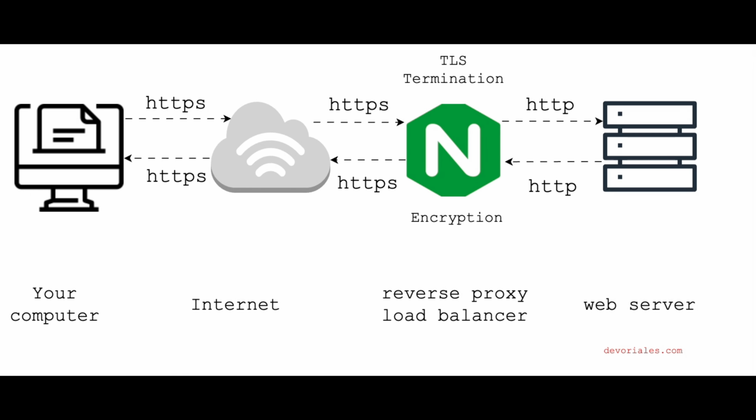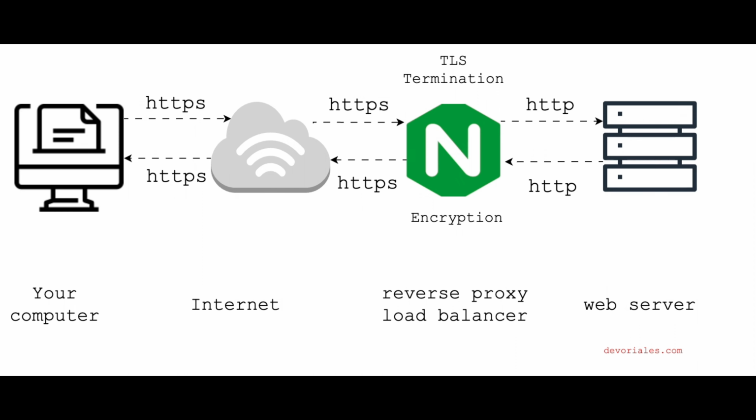Any request from your computer through the internet is HTTPS, secure and encrypted, because you have provided a public key. With that public key any client can connect with you. Then it is the responsibility of NGINX to decrypt and communicate with your web server over HTTP, simple hypertext transfer protocol, instead of secure.